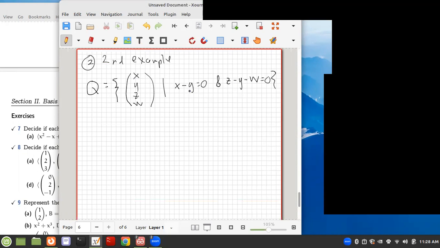And so we proceed the same way of asking, we want to find a basis. And here, let's write out these equations.